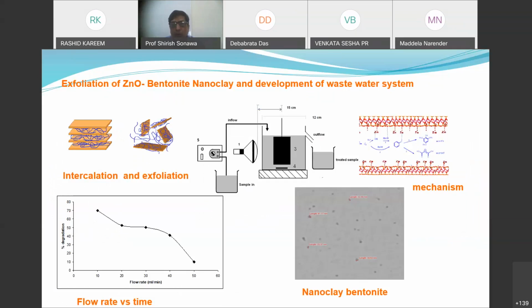Now, I will give one more example about clay particles. I mean to say the ultrasound has limited application here, but as far as nanotechnology is concerned, I would like to give more details about how nano clay is being utilized.